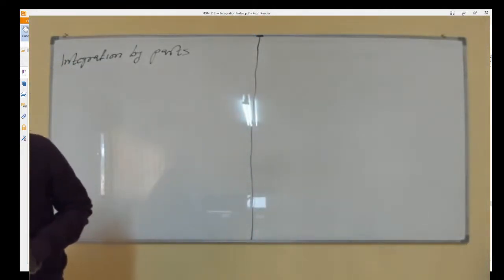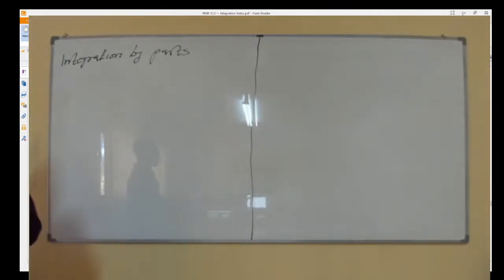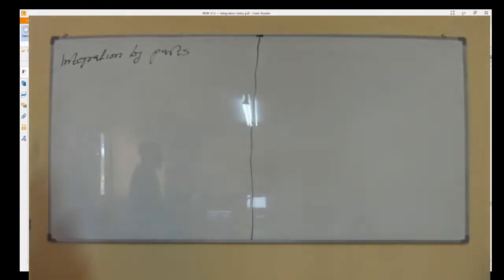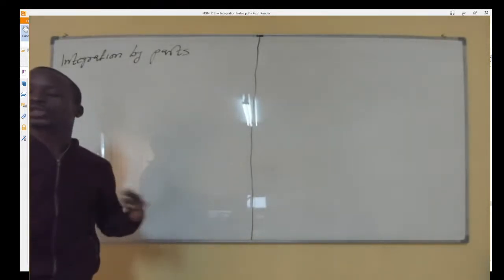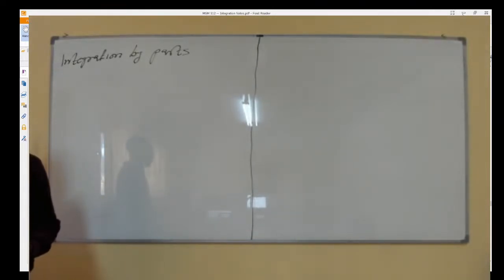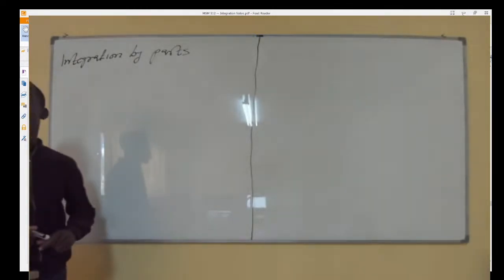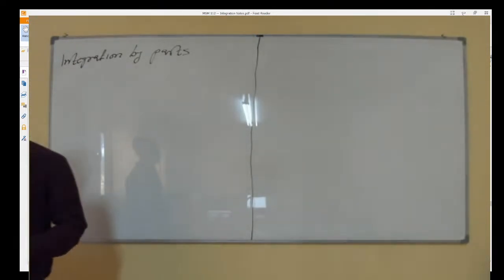There are some questions where, using any of the methods of substitution that we learned yesterday, whether trigonometric substitution, algebraic substitution, or the identities, you discover that you can't manage to arrive at the answer. So you try this way, but the integral is not becoming at any point simpler to evaluate, or rather to simplify. So if that case arises, what you can do is use integration by parts.